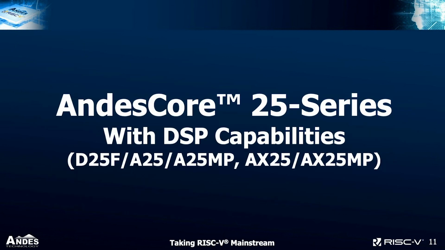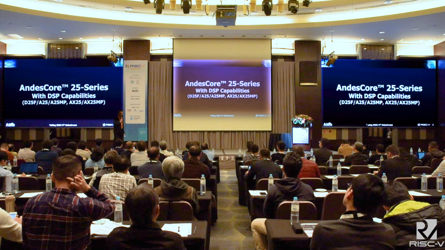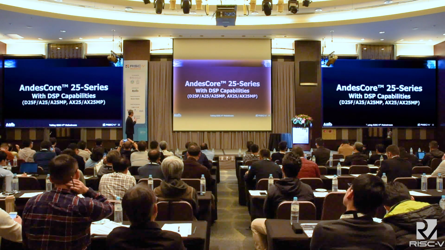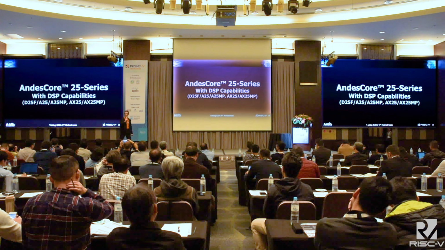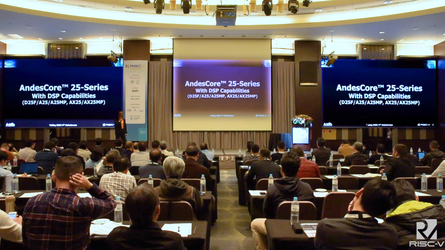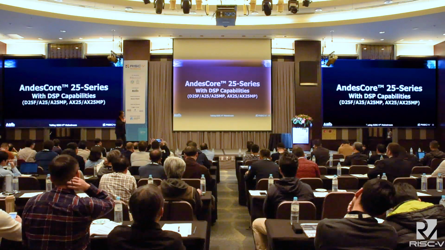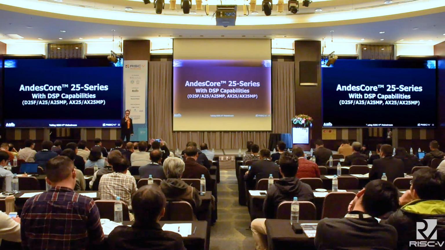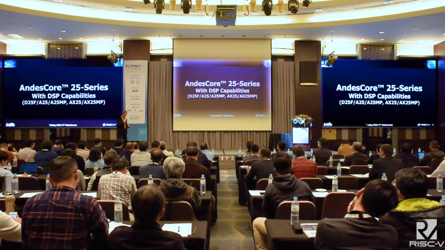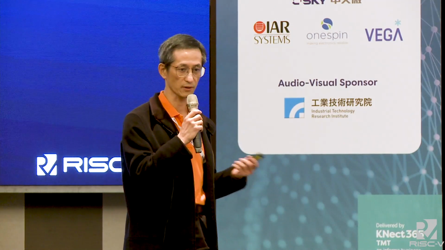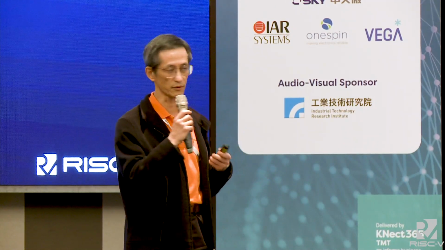Okay, now let's look at the 25 series processors with DSP capability. We have a couple of them, including the 32-bit D25F, A25 and A25MP, and also X25 and X25MP, which are 64-bit. So the P extension has a 64-bit version and also a 32-bit version.